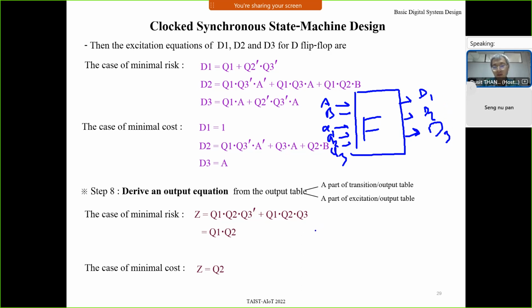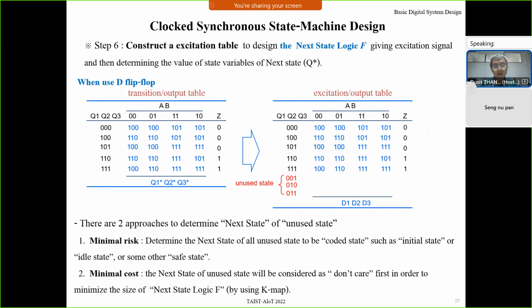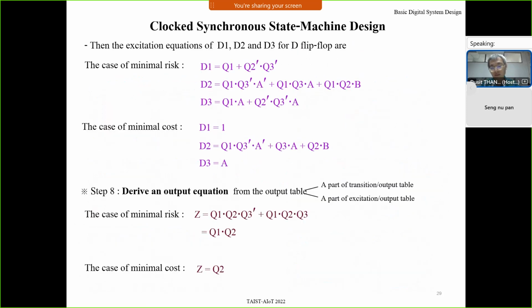And for the output equation, you can also derive it from this one. Maybe someone defines the output of the unused state as 0, 0, or you may treat it as don't care also. So if you use minimal risk, defining the output to be 0, you get an equation like this.